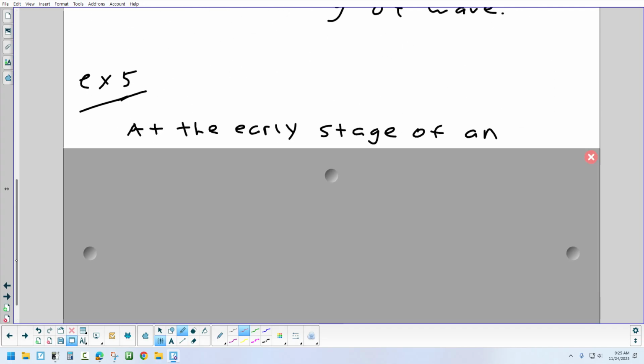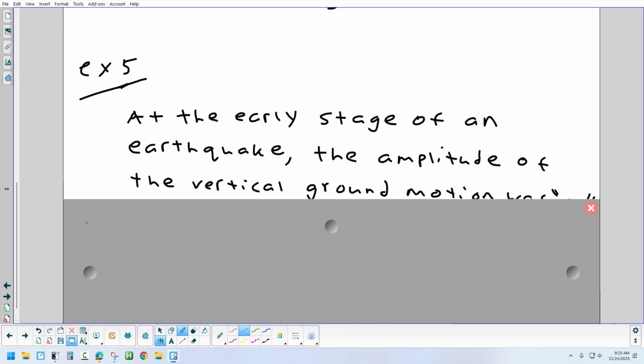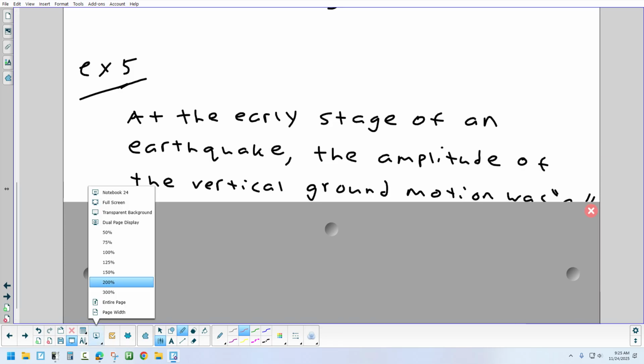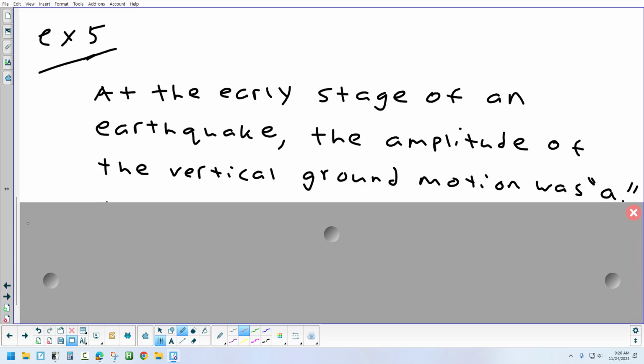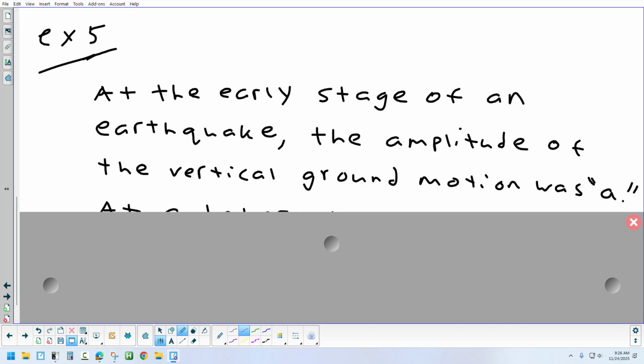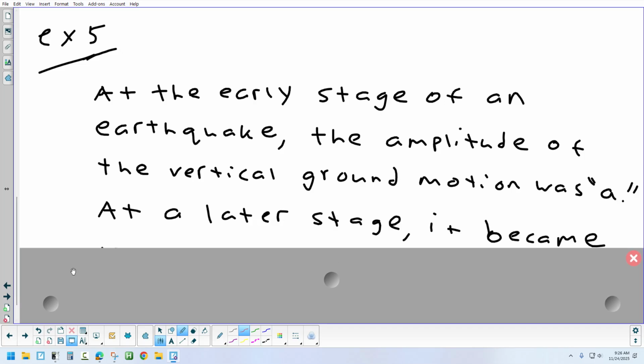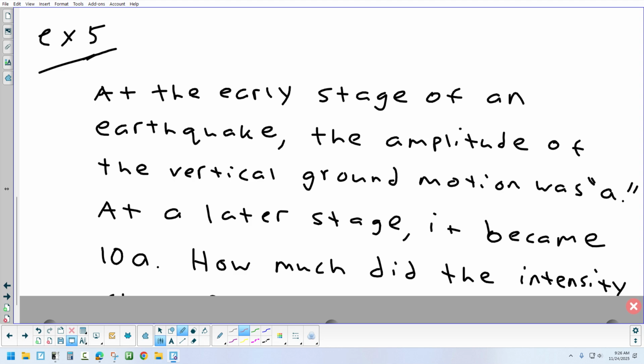Okay. So we've got a problem where they're telling us that at the early stage of an earthquake, the amplitude of the ground motion was A, and then later on, it became 10A.